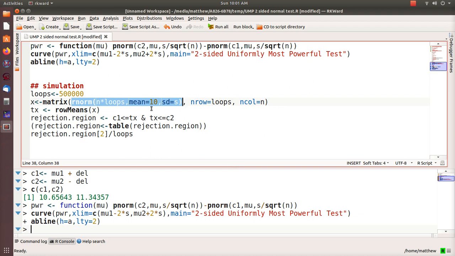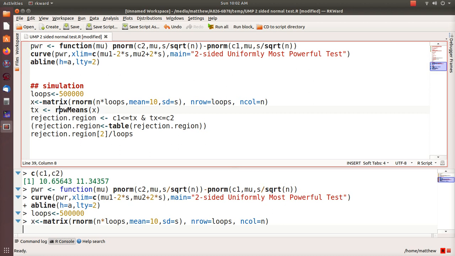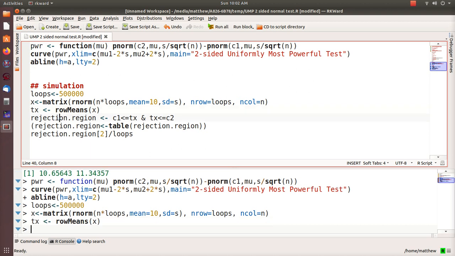We're going to simulate it at 10, which is a boundary point in our null hypothesis. So let's do that. Boom, X has been created. Now we want to calculate the row means, which represent the mean from each simulated trial. So TX represents all those little means.